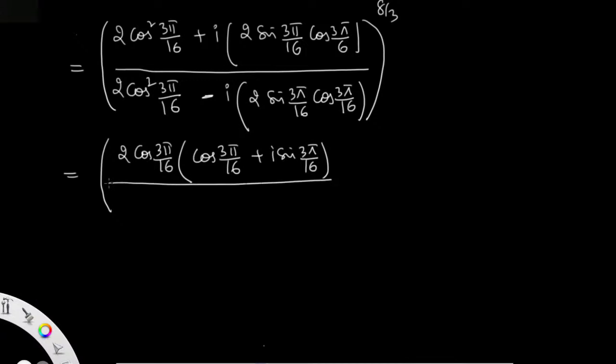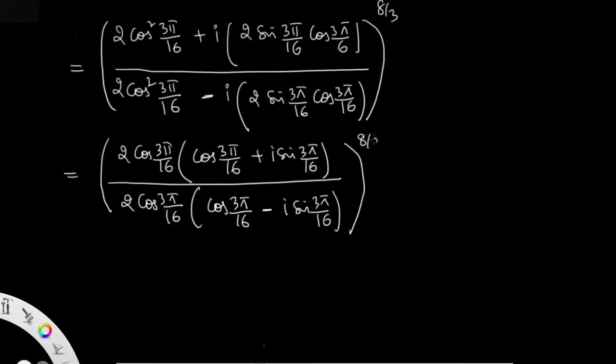Similarly in the denominator, 2 cos 3 pi by 16 into cos 3 pi by 16 minus i sin 3 pi by 16, whole to the power of 8 by 3. So these two terms will cancel. Now it is in De Moivre's form, so we just apply the power 8 by 3.